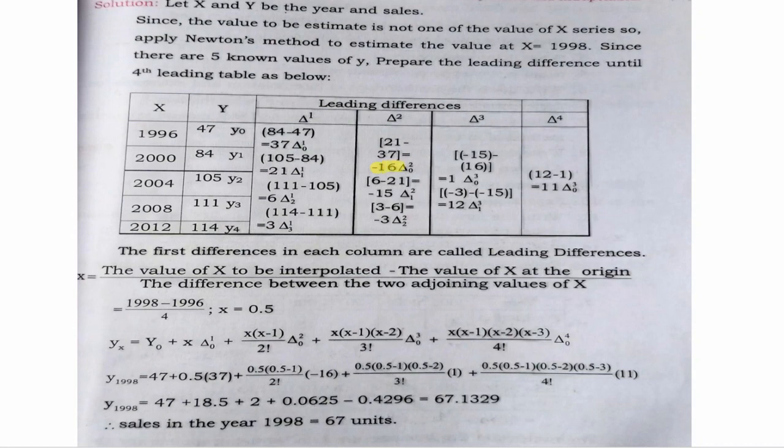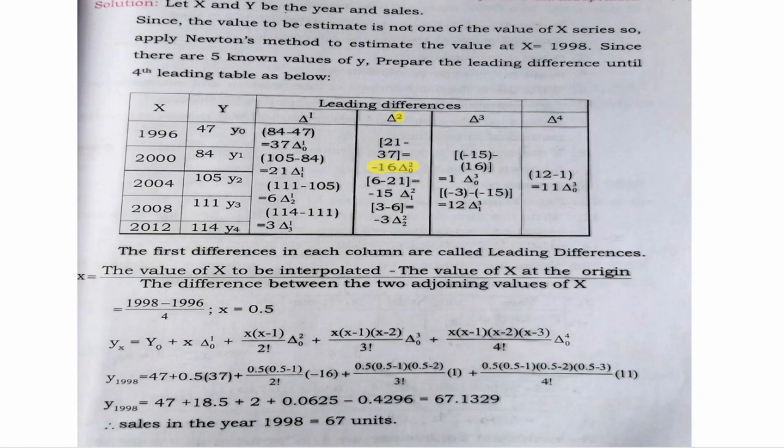This value is called delta not to the power of 2, because in the leading difference we are finding the value for delta to the power of 2. So delta not to the power of 2 is minus 16.